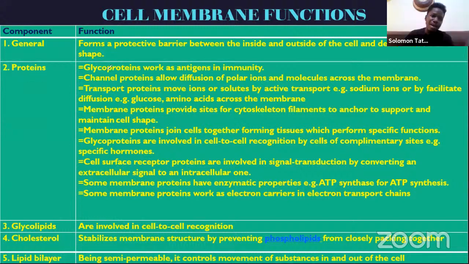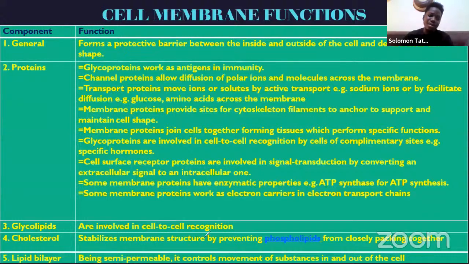On the proteins part, we see many functions of proteins, especially in active transport. On the lipid side, we see cell-to-cell recognition. Sometimes when this is affected, people develop autoimmune diseases. Some cells cannot recognize other cells in your body, and they end up attacking each other. The glycolipids help in cell-to-cell recognition.